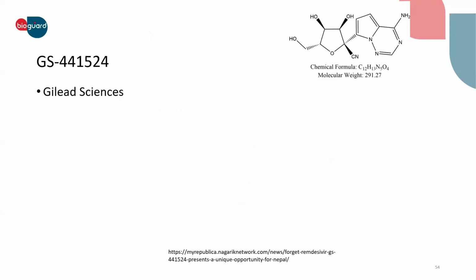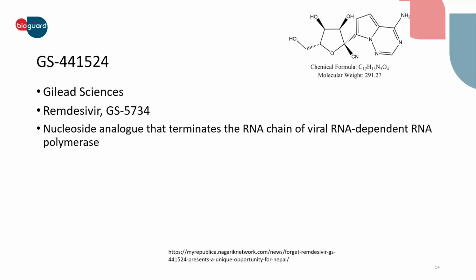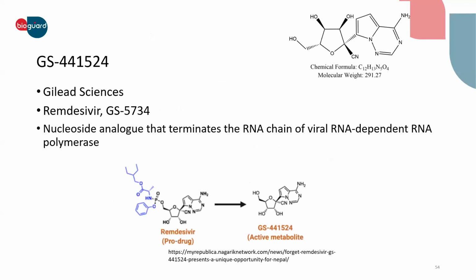And GS441524 is actually related to remdesivir, GS5734. They are the same series of medicine, and remdesivir is a prodrug of GS441524.